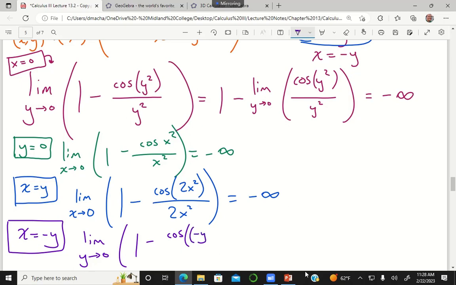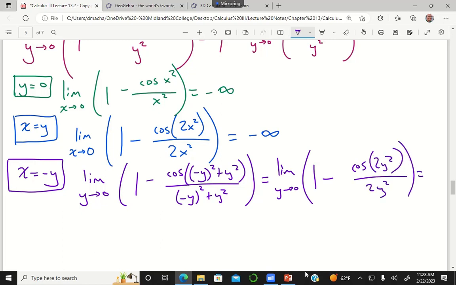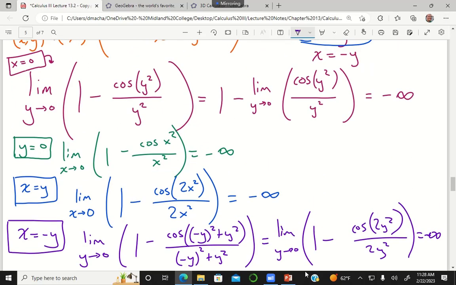It would still be negative y squared plus y squared over negative y squared plus y squared. Whenever I take the negative y and then square it, it's the same as positive y squared. And so this is just, again, the limit as y approaches 0 of 1 minus cosine of 2y squared over 2y squared, and we already know what that is. It's negative infinity.